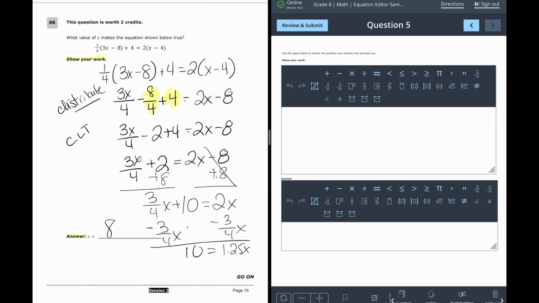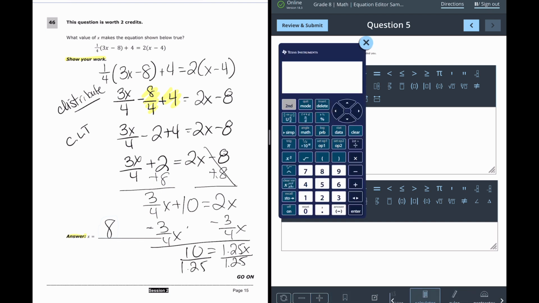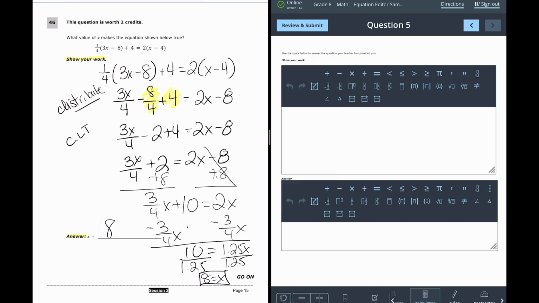And now, last part, I divide both sides by 1.25. And that's where I'll use my calculator. And I get 10 divided by 1.25 is equal to 8. All right, so all that to get our one answer, 8.